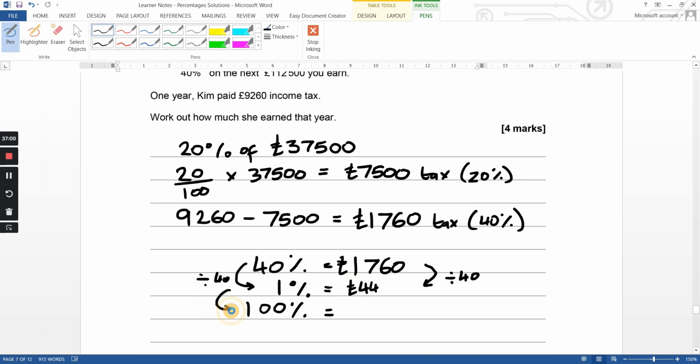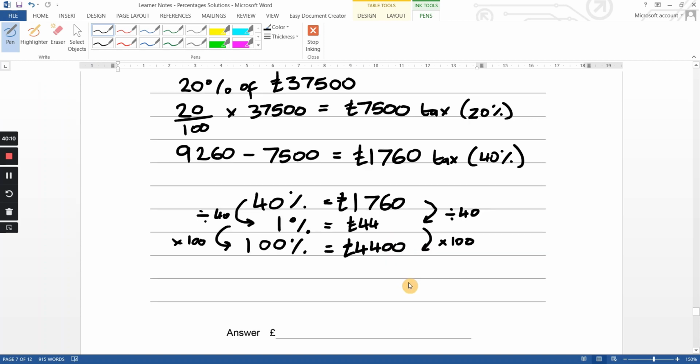So 100% is going to be that times by 100, which is 4,400. So this must be what she earned extra, which was taxed at 40%.